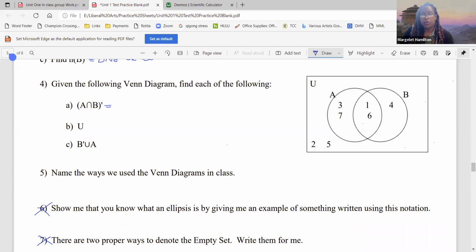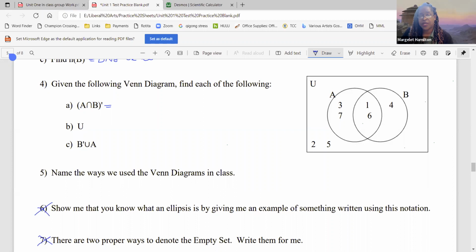Thinking about it now. Do we agree that the first thing we need to find is A intersect B? Okay, we've got to find that first. What's A intersect B here? 1 and 6. Okay, 1 and 6 right there.